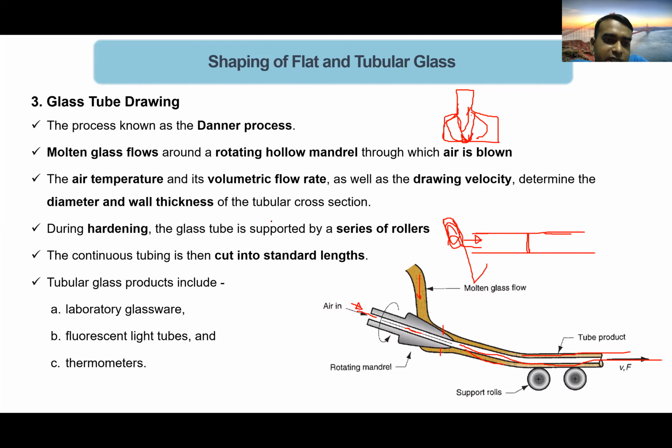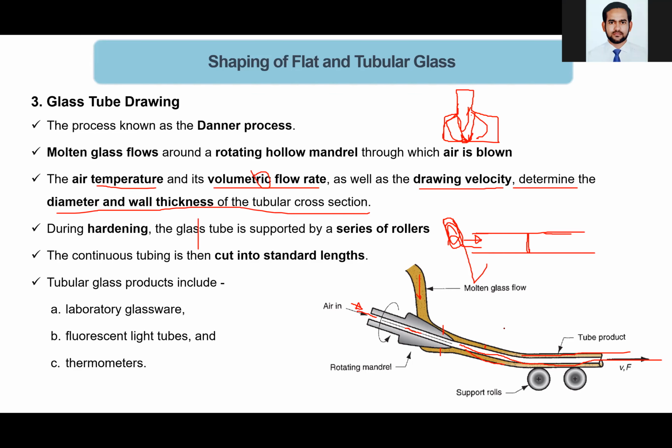আউটারটা এই যে এখানে সেটাই তো বলছে, if you look at this, the air temperature, volumetric flow rate, and drawing velocity determine the diameter and wall thickness of the tubular cross section. এই সবগুলো প্যারামিটারের উপর ডিপেন্ড করছে যে এক্সটার্নাল থিকনেসটা কি রকম হবে। মানে অটোমেটিক বাইরেরটাও এইভাবে টিউব আকারে চলে আসবে.